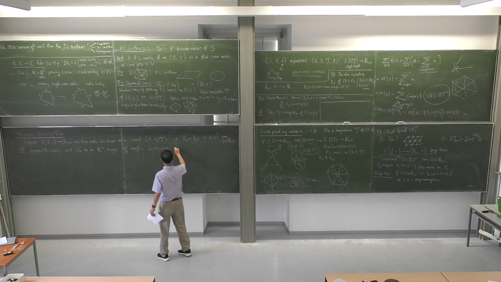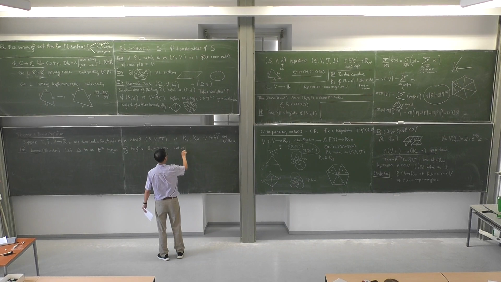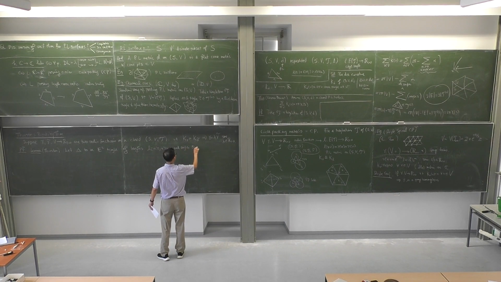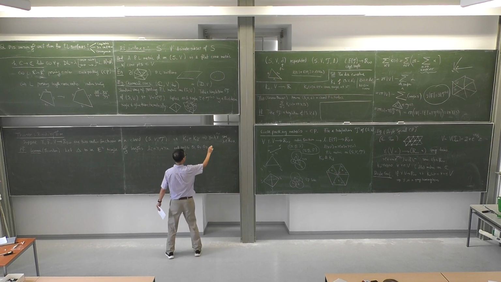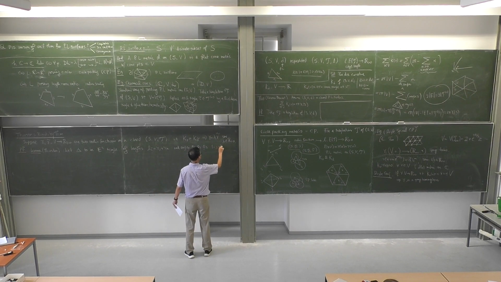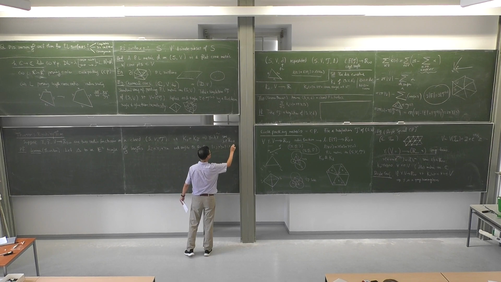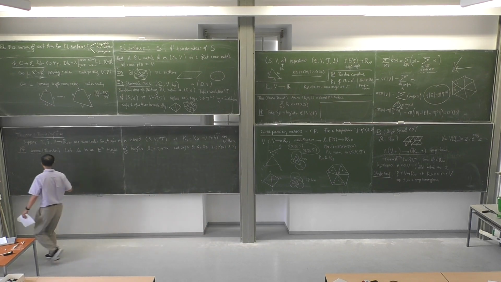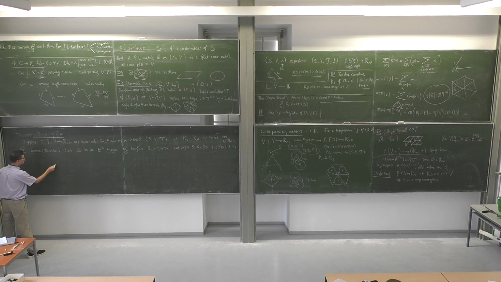Okay, and angles theta 1, theta 2, theta 3. So i, j, k are distinct. So maybe I'm going to just draw a picture. Redraw the picture. And what Thurston observed is extremely naive and simple.